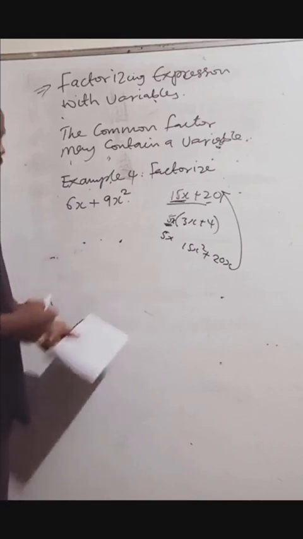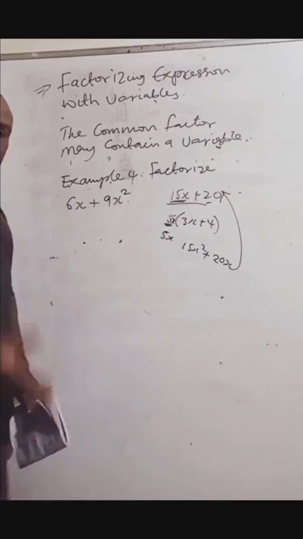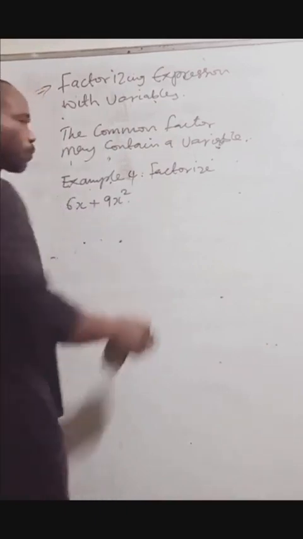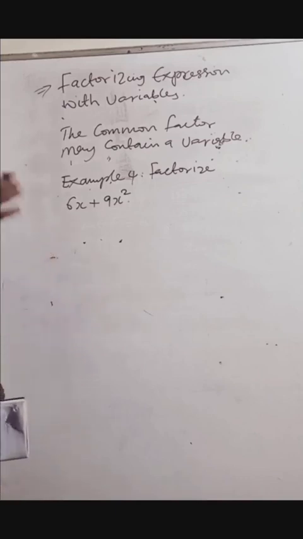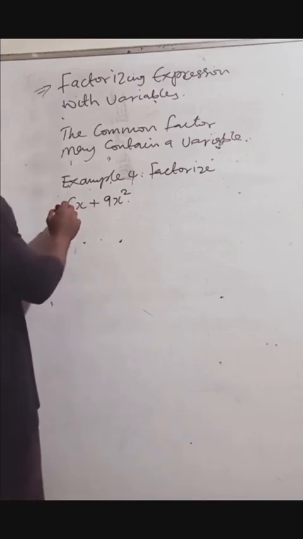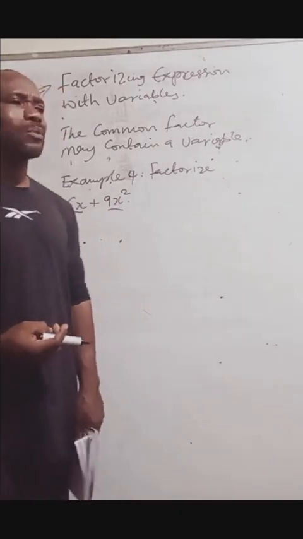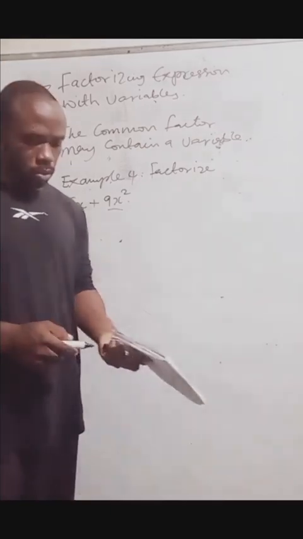So now let's use the approach that we used in the previous examples. So I'm going to look for the highest common factor of 6x and 9x squared. Why am I looking for the highest common factor? Why don't I just look for the common factor?